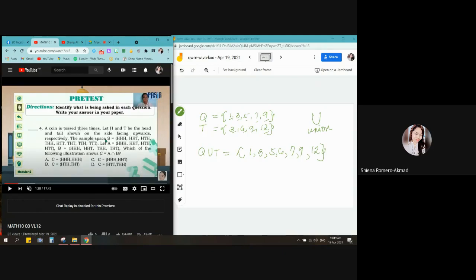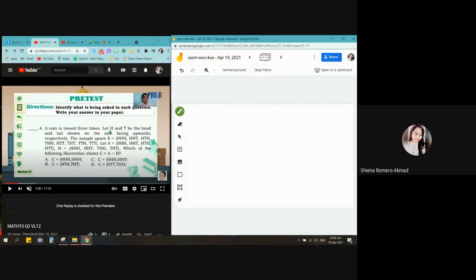Next. Number 4. A coin is tossed 3 times. Let H and T be the head and tail shown on both sides, facing upwards, respectively. The sample space is, binigay na yung sample space, ano?